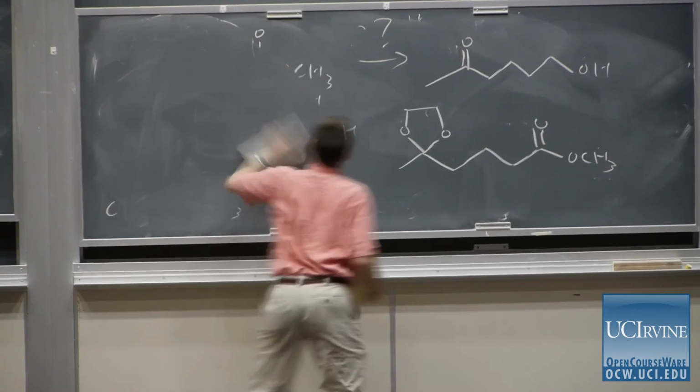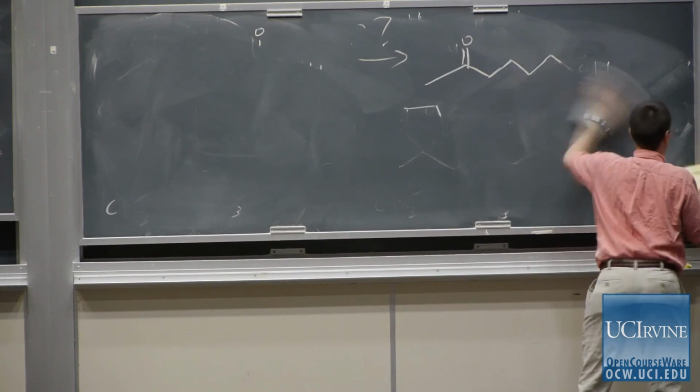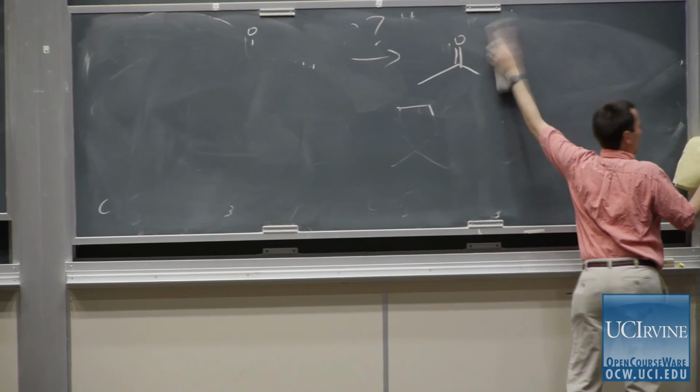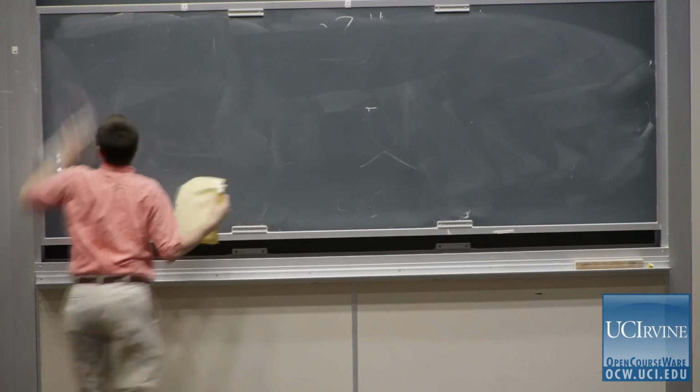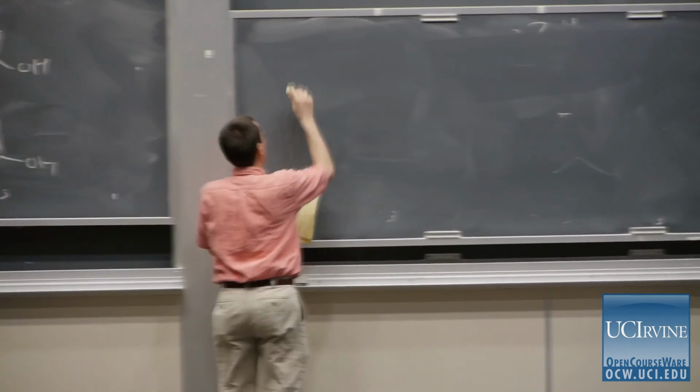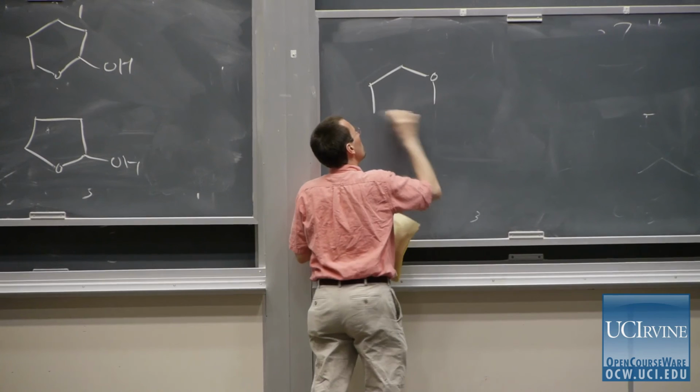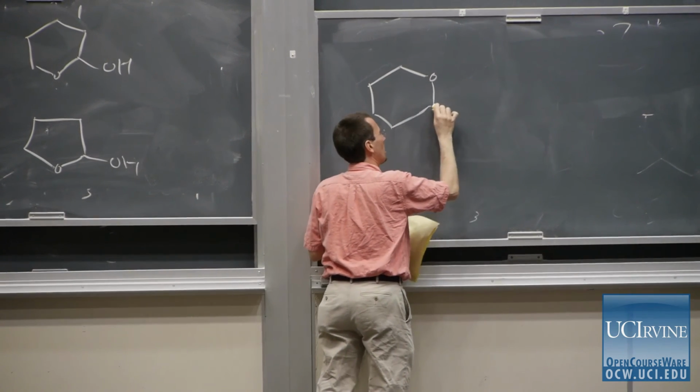And if we look at a molecule like glucose, I'm going to draw it one way, which I think is a little bit closer to what we're seeing here, and then I'll draw it another way.